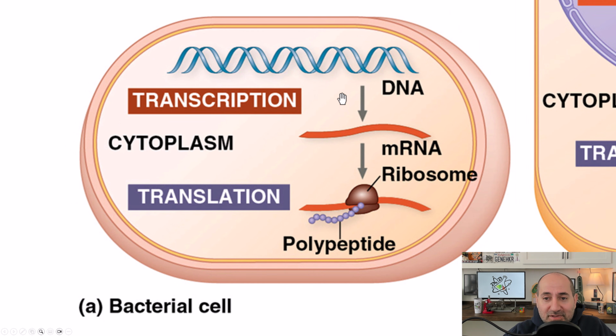If the DNA is being copied to mRNA, before you're finished making the entire mRNA, the ribosomes are so eager to chomp down and start reading the information to make a protein. So before the mRNA is even complete, the translation is happening.